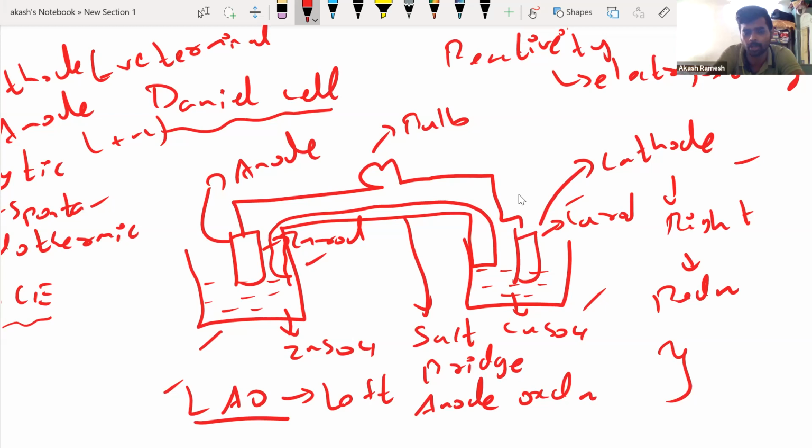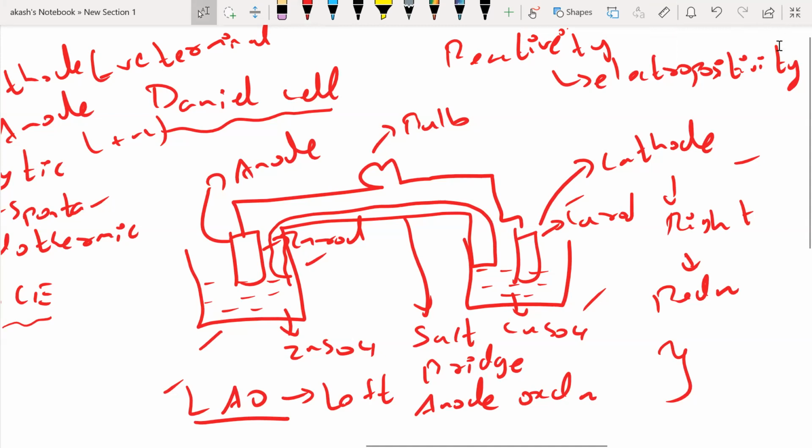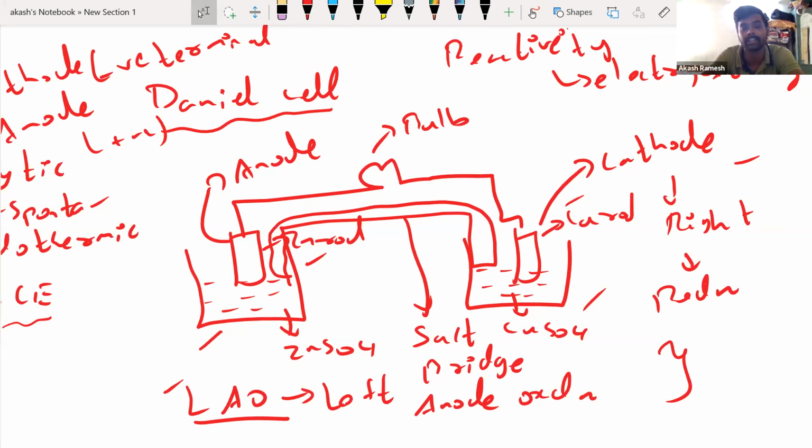What do you mean by electropositive? Tendency to lose electron. Yes, absolutely. So electropositivity means the ability of the element to lose electron, or in other words, the ability of the element to form a positive charge. As simple as that.